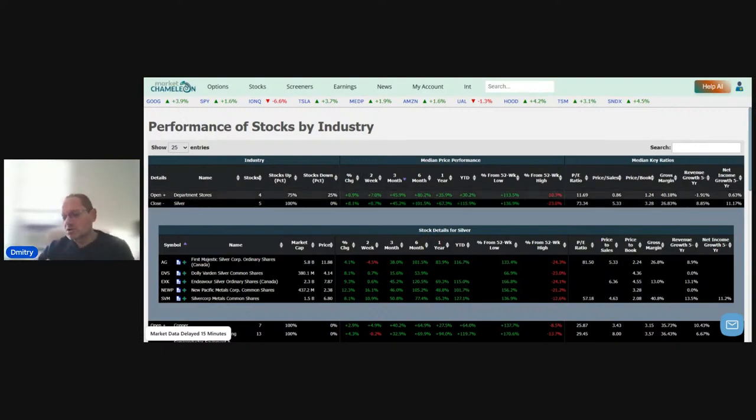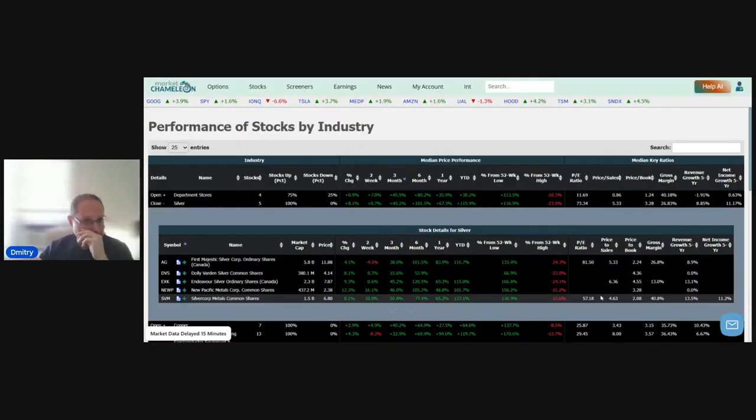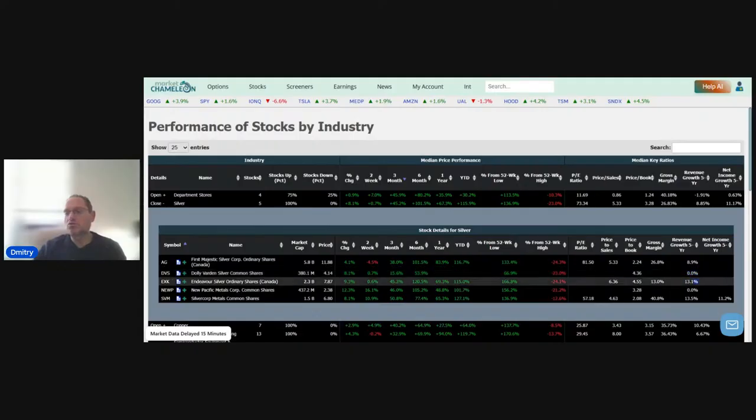So, some of them don't have PEs, I guess maybe they don't have earnings or negative earnings. But even over here, if we wanted to, let's say, revenue growth, we could see within the industry which ones had the highest revenue growth.